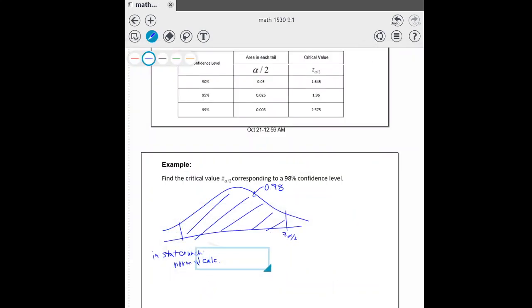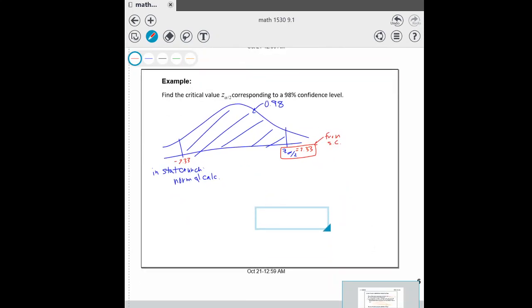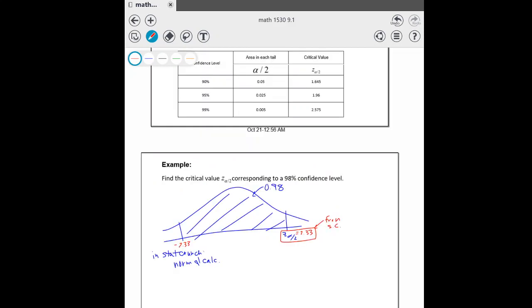So from StatCrunch, this is negative 2.33, and this one ends up being positive 2.33, and that's the answer. That's what it asked us for, our positive z alpha over 2. So we got this number from StatCrunch. Now, these are really simple, except that we get all caught up doing confidence intervals and forget about this, and then we don't know what to do, and it makes it more difficult than it needs to be.